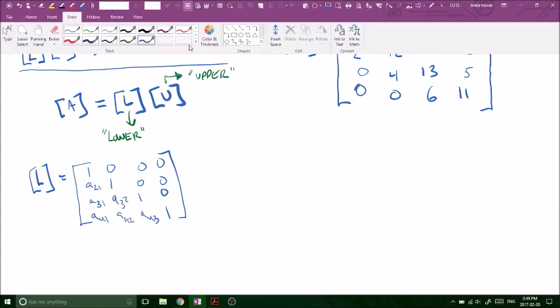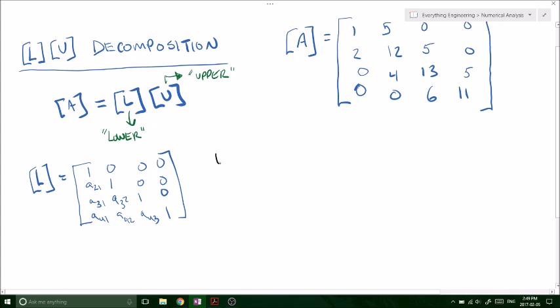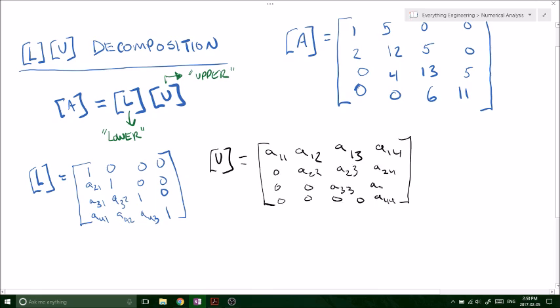So now what is an upper triangular matrix? It's literally just the opposite, except our diagonals are not equal to 1. They are our actual values as well. So this is the breakdown of our lower triangular matrix and our upper triangular matrix.